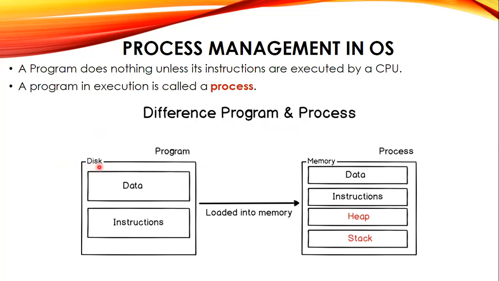I mean, when I say hard disk, actually I am trying to say secondary memory. Secondary memory may be another kind of disk, maybe an external hard disk or something like that, but it is secondary memory.